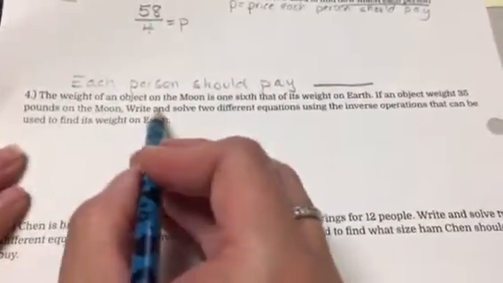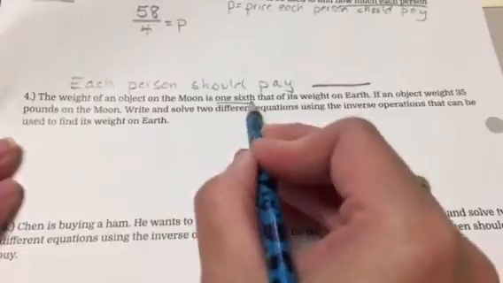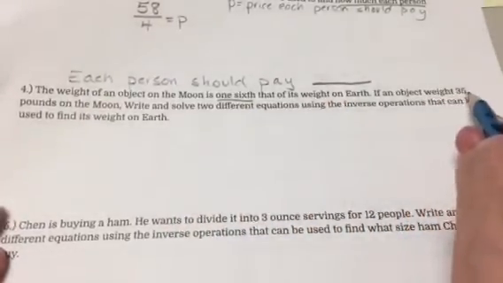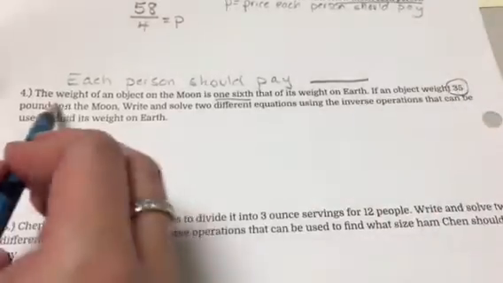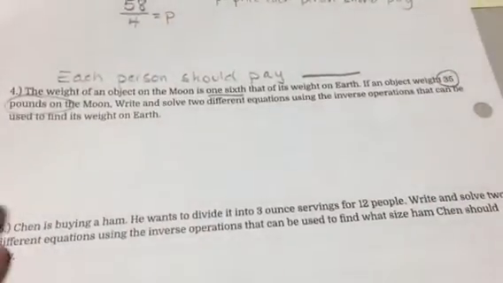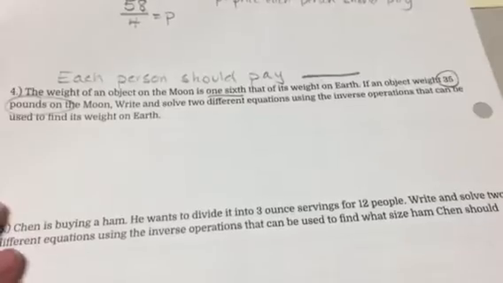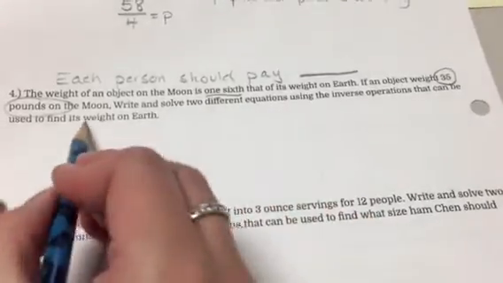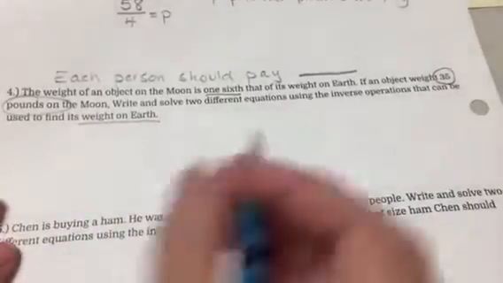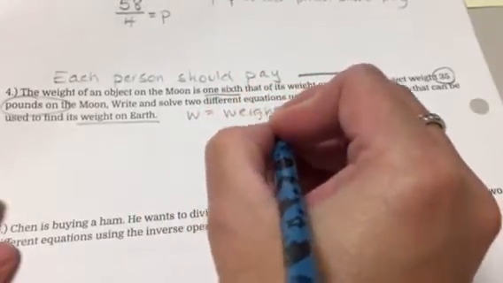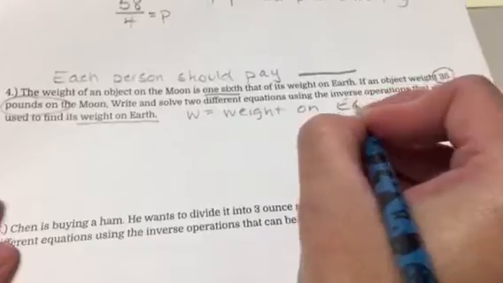It says the weight of an object on the moon is 1/6 that of its weight on Earth. If an object weighs 35 pounds on the moon, then write and solve two different equations to figure out its weight on Earth. Okay, well, we're looking for the weight on Earth. So let's use W to be the weight on Earth.